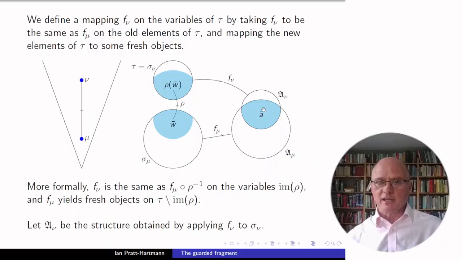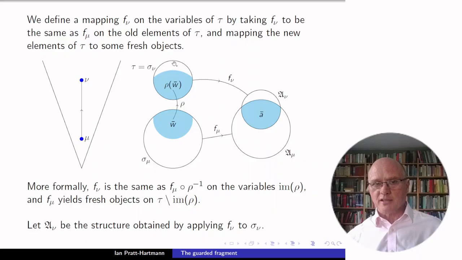And what we will do is map this old element of tor to be precisely that element. We'll find out what variable in sigma mu it corresponds to, and then simply follow the mapping f of mu. In other words, we'll compose rho to the -1 with f of mu, and then we'll get an element, and that will be the element f of nu.